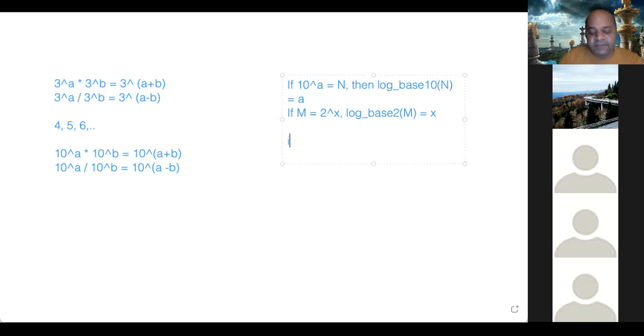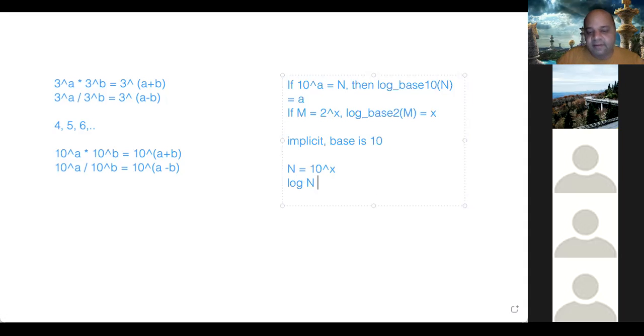So we take it as implicit that the base is 10. Then we say that if n is any number which is 10 raised to x, that is the same as saying log of n is equal to x, and now we don't say base 10 because it is considered as given. It is always base 10 only.